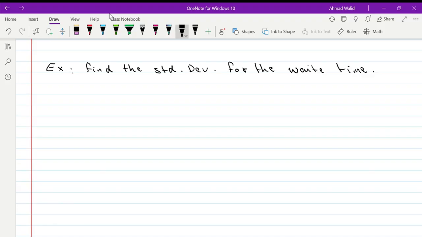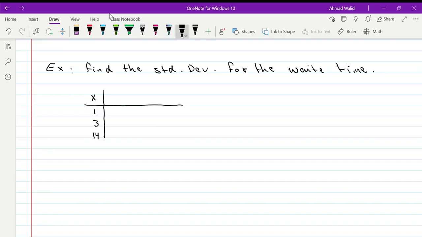Again, it's the same bank example, but I'll go to bank 3. Your data is 1. The time for waiting was 1 minute, 3 minutes, and 14 minutes. Correct? Now I want to find the standard deviation.